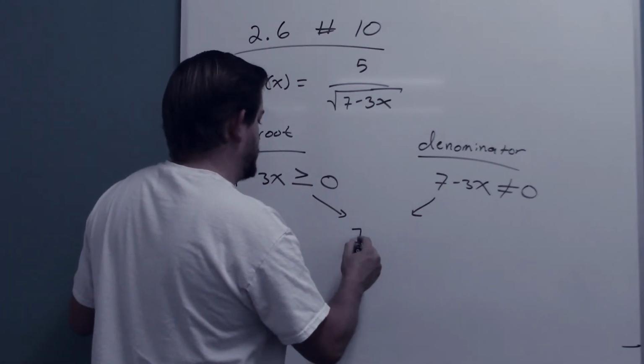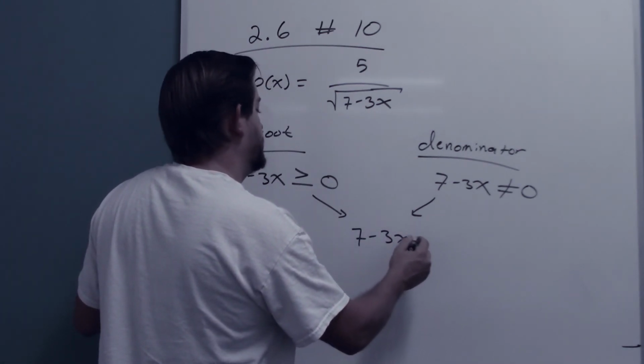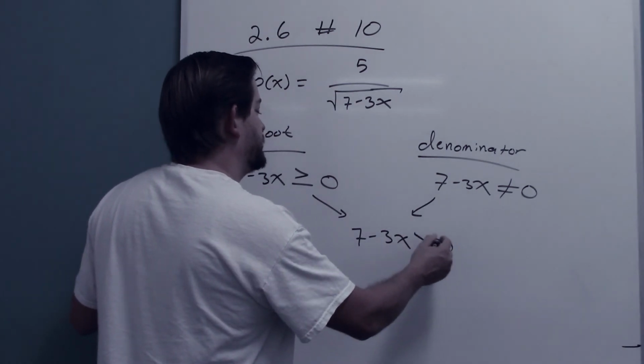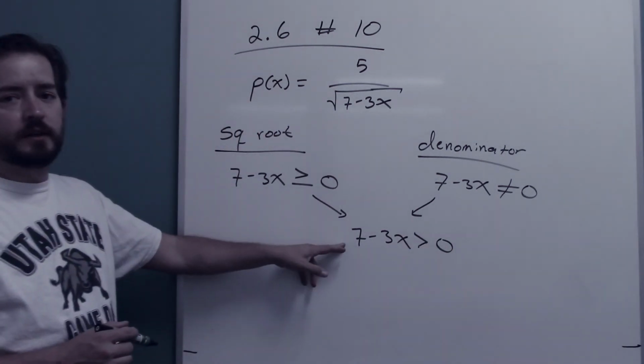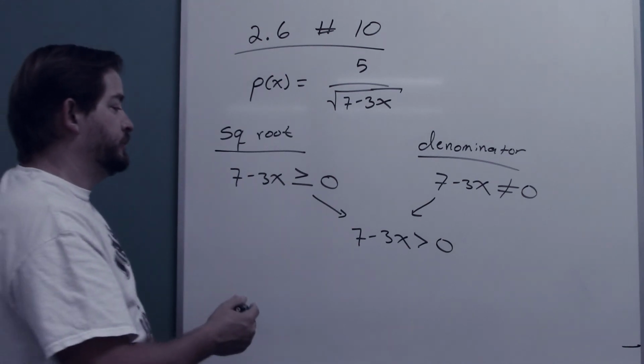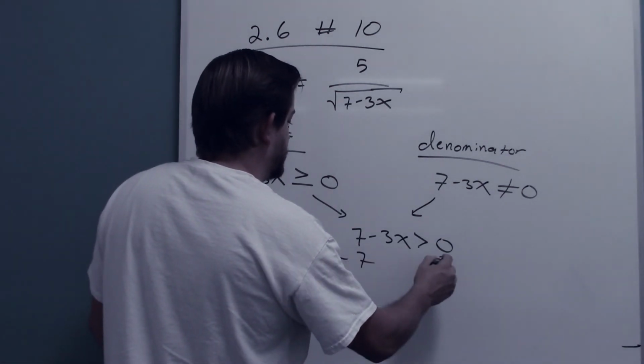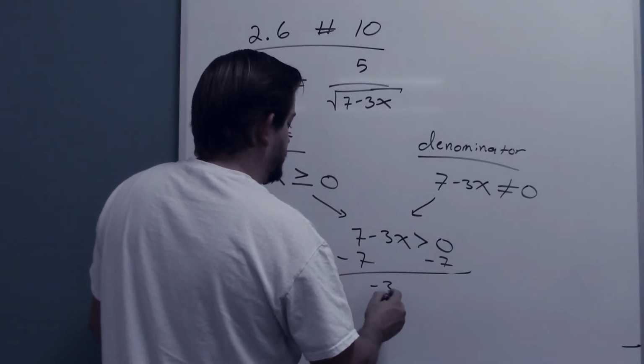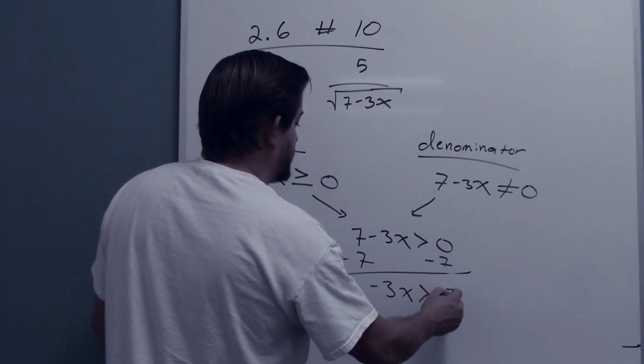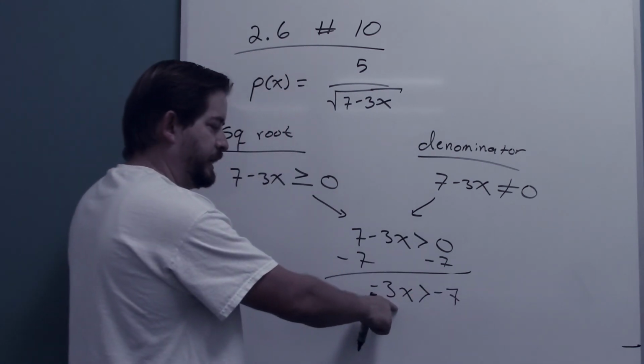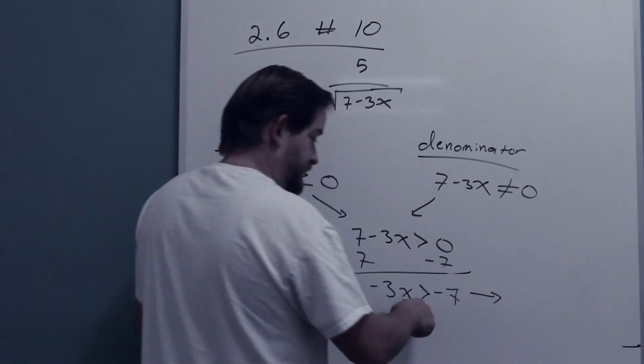And it turns out to just be 7 minus 3x, and then has to be strictly greater than 0, and I just have to solve this, right? So I'll subtract 7 from both sides, leaving me with negative 3x is greater than negative 7. And if you divide each side by negative 3, this switches.